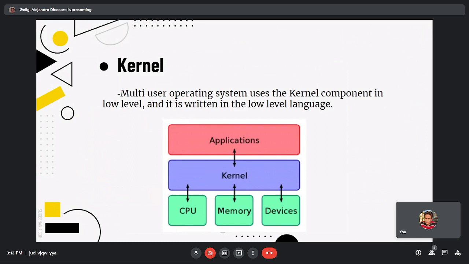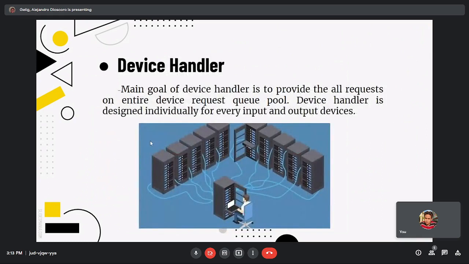The kernel is a computer program at the core of a computer's operating system and generally has complete control over everything in the system. It is the portion of the operating system code that is always resident in memory, and facilitates interactions between the hardware and the software components. Next one is the device handler.